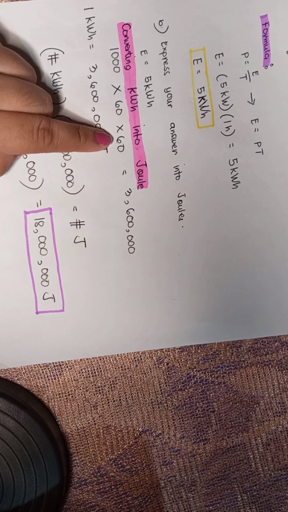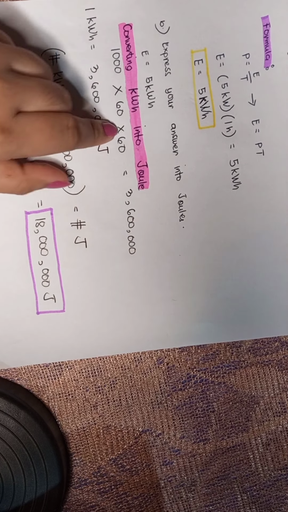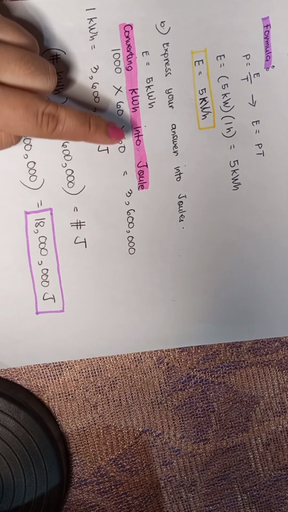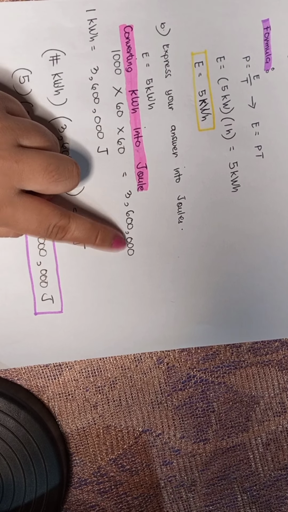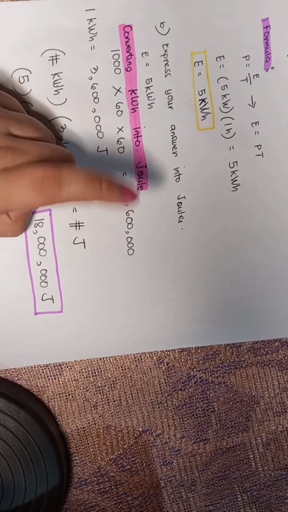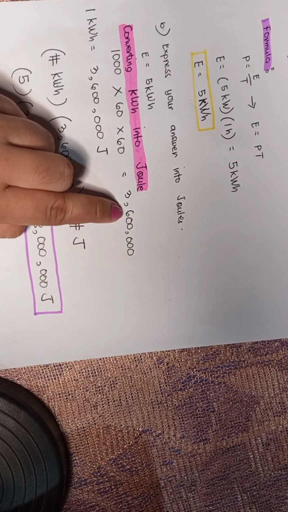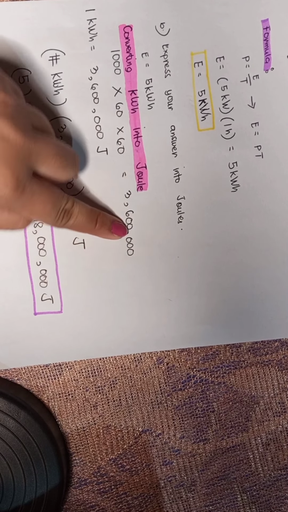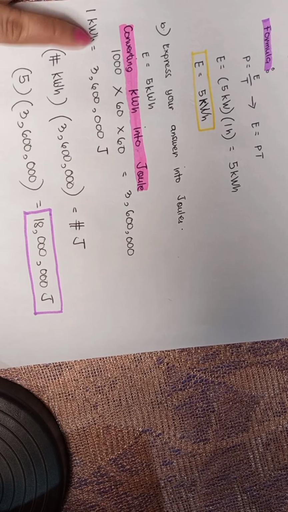So you just simply multiply them all together, and you will get 3,600,000. So the 3,600,000 here is the value of 1 kilowatt hour.